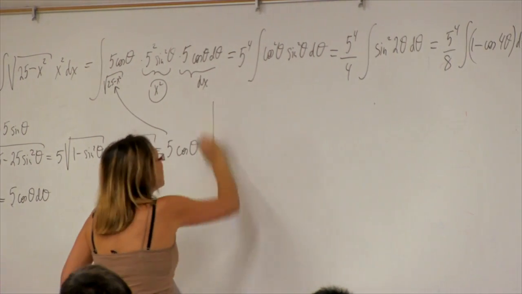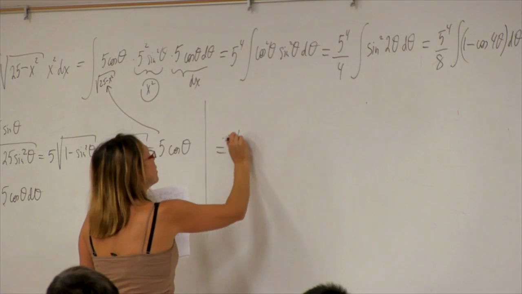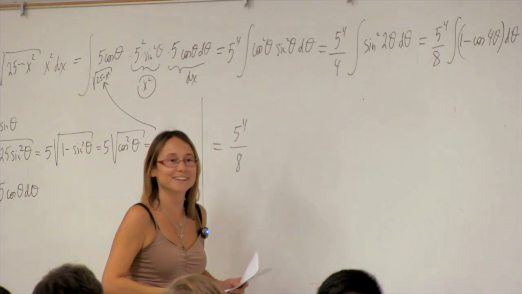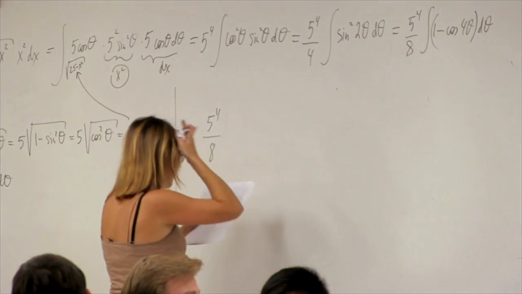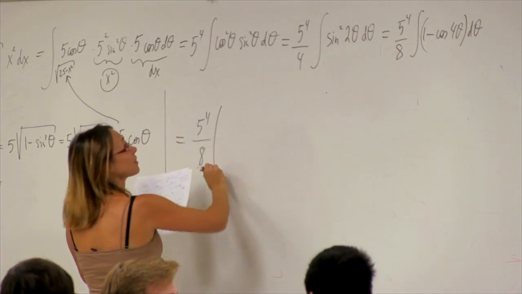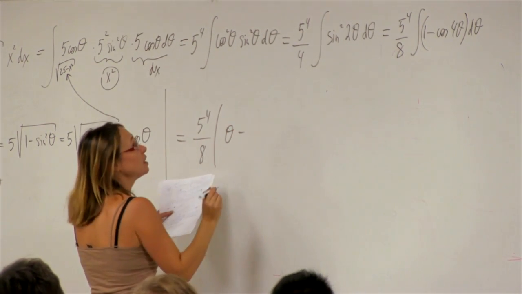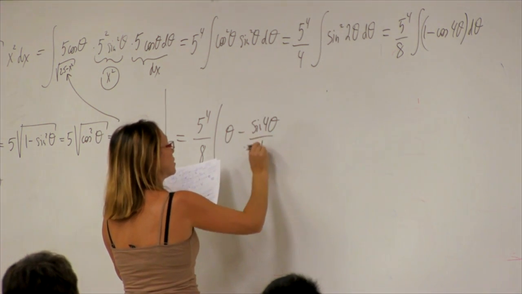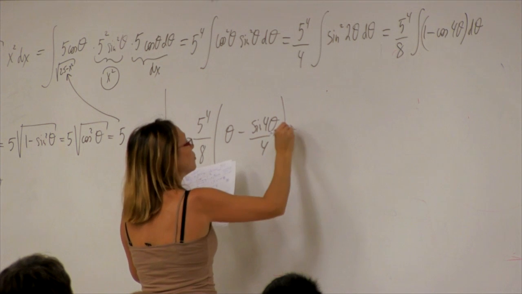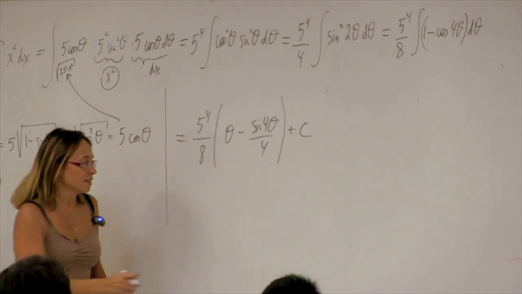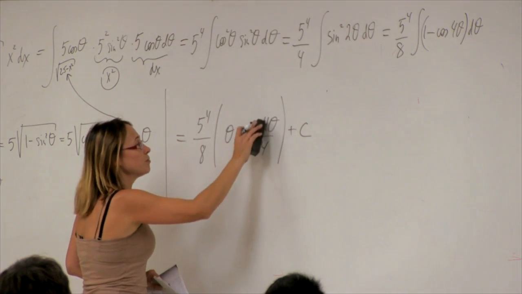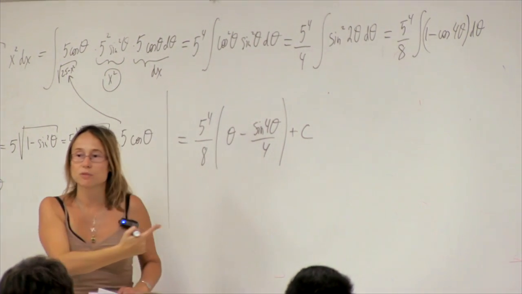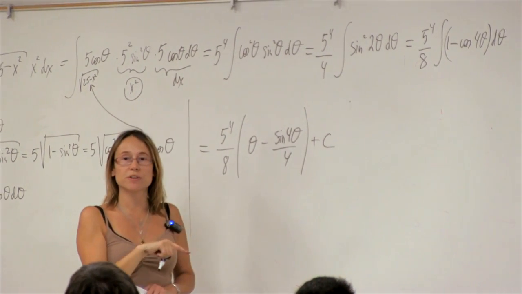So let's write down the antiderivative. 5 to the 4. What's going on? So I have theta minus sine 4 theta over 4 plus c. And normally I would be almost done, okay? Because what is left? I have my antiderivative. All I need to do is to go back to the original variable.